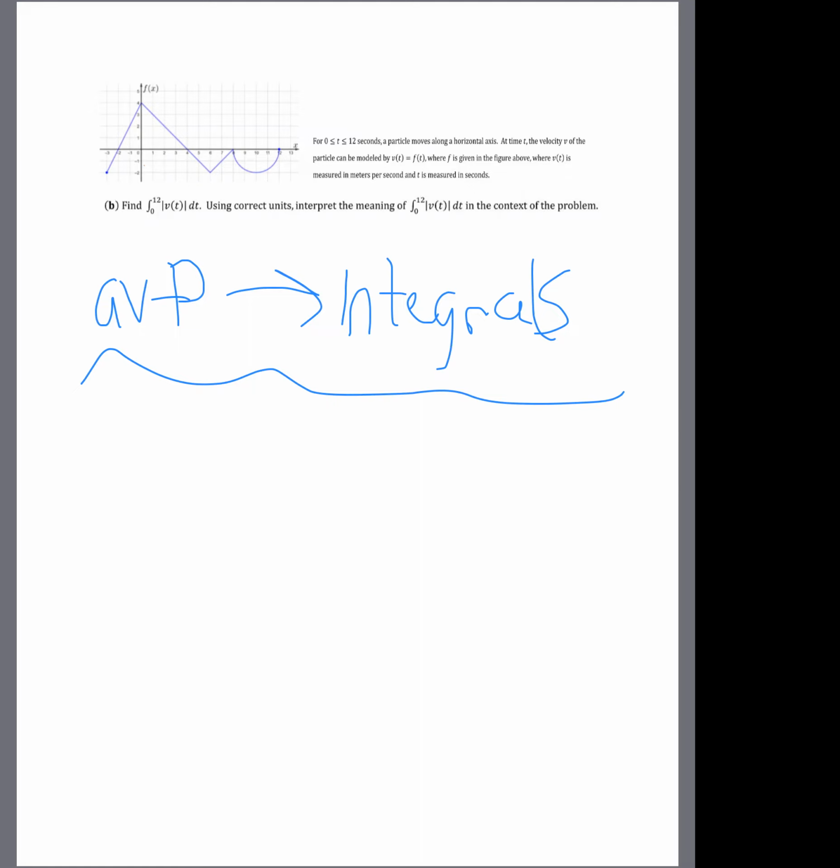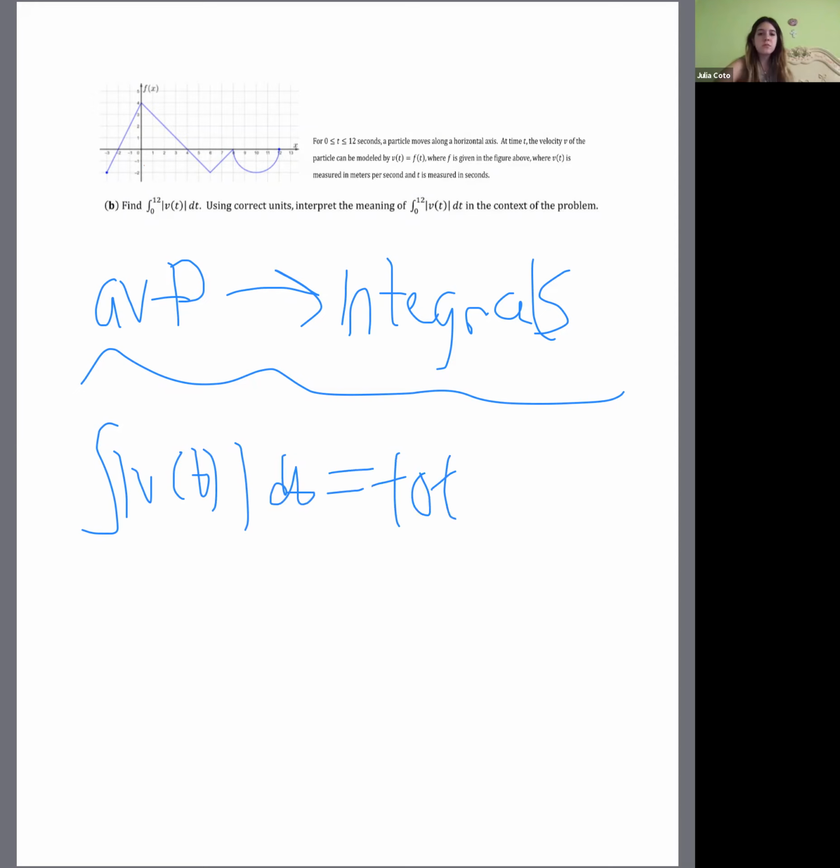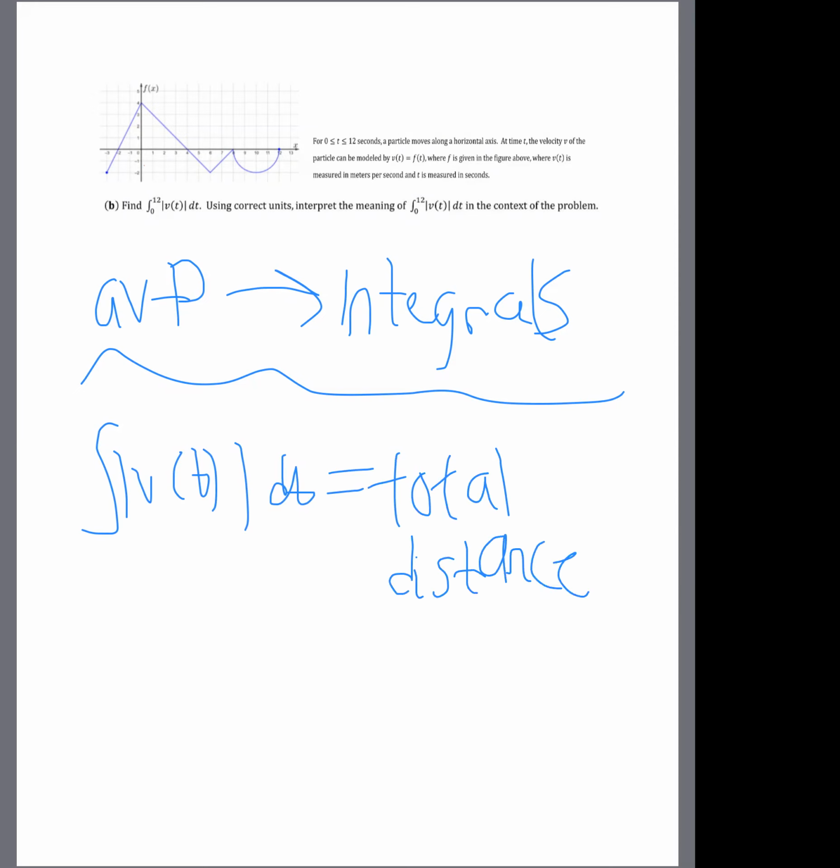Well, the answer is, if you remember, any integral with absolute value velocity is the total distance. Don't confuse it with actual displacement, because velocity has directions. Speed is just always positive. To explain that better, if your graph goes like this, this is the x-axis.